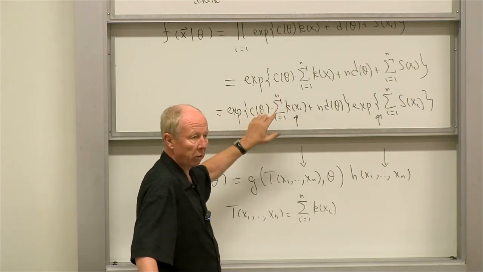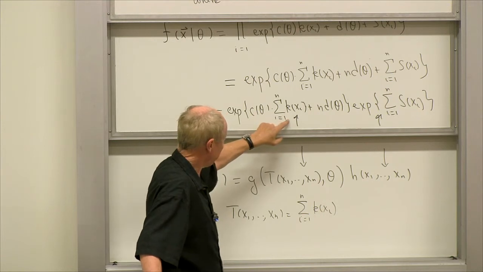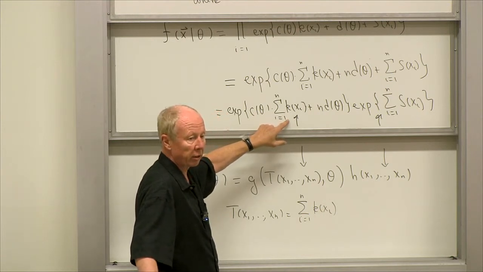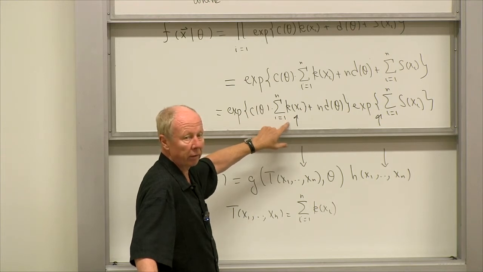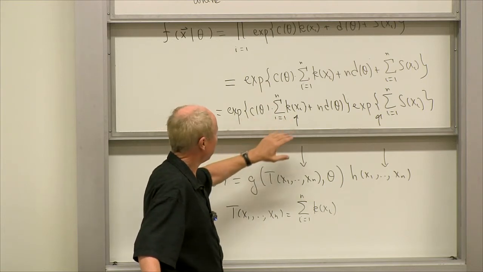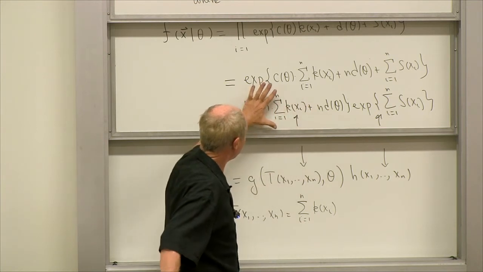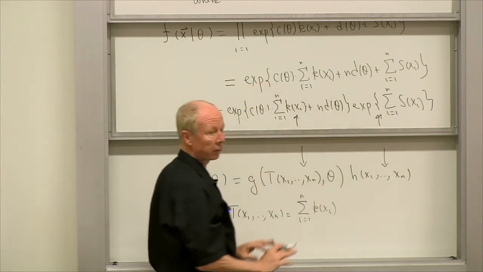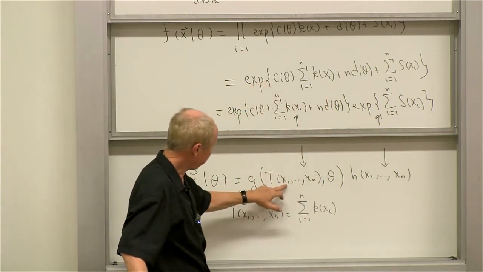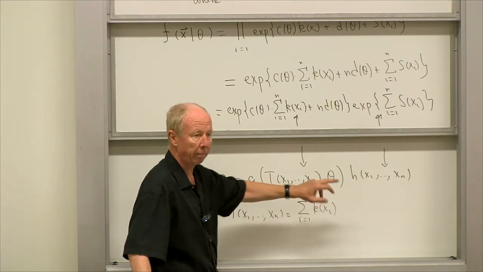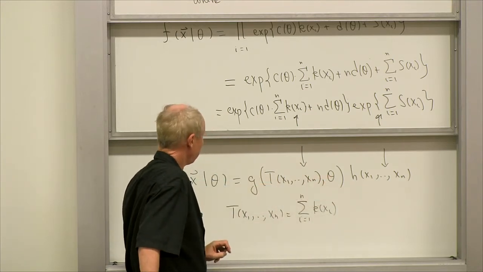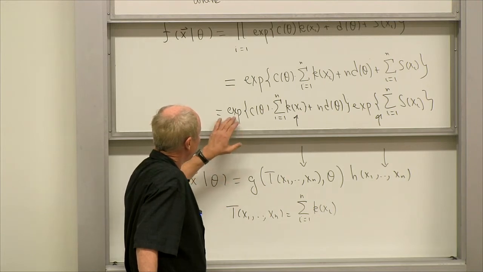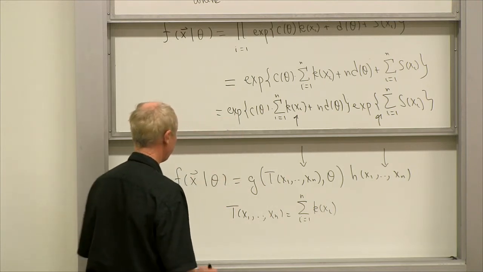So it's this function, this sum, that's the sufficient statistic. It's this combination of the data that's the sufficient statistic. Okay. This is a function of the theta and that function of the data. I was just saying because you have e to that power. Yeah, but that's so.